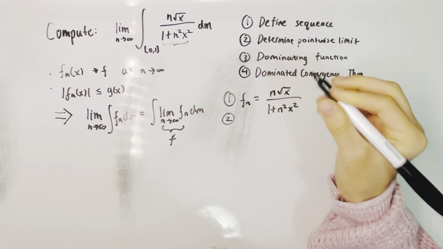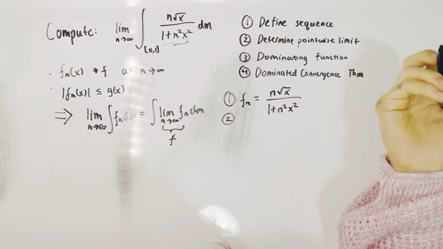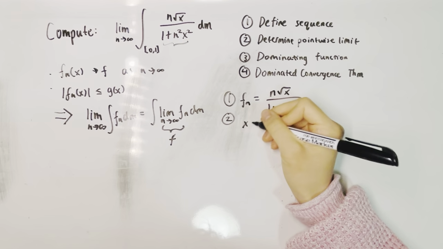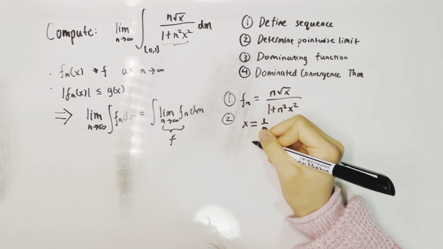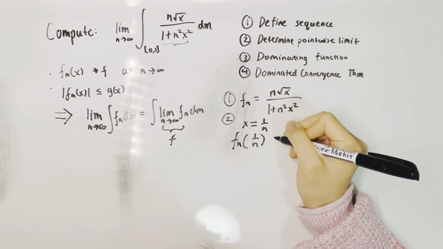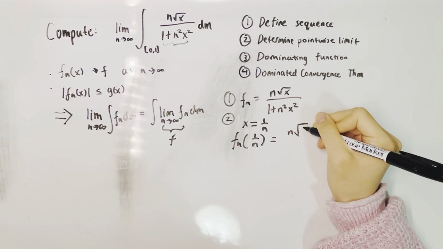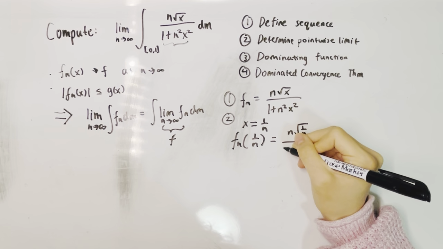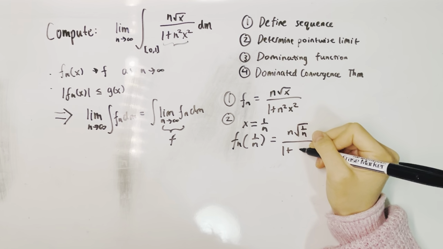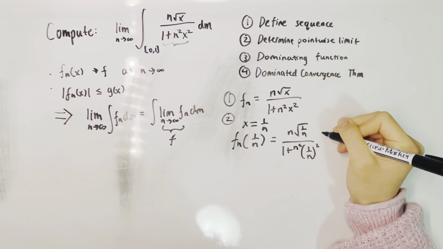Step two, there's no uniform limit. For example, if we pick an x that depends on n, like x equals 1 over n, we have f_n equal to n square root of 1 over n over 1 plus n squared times 1 over n squared.